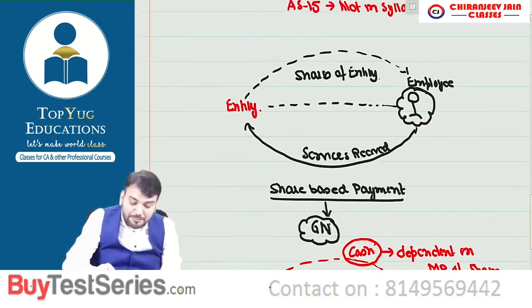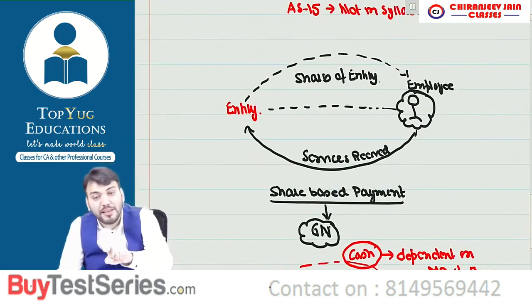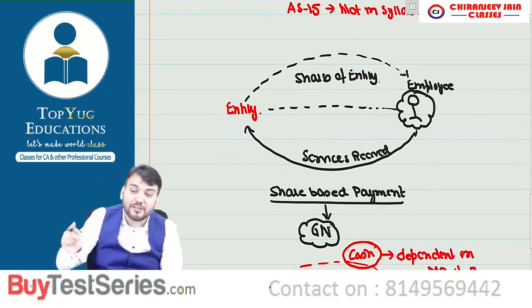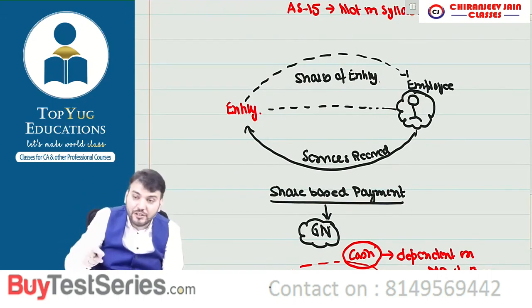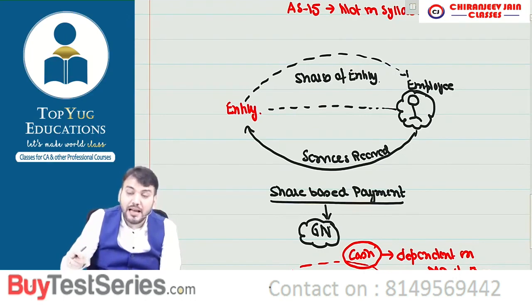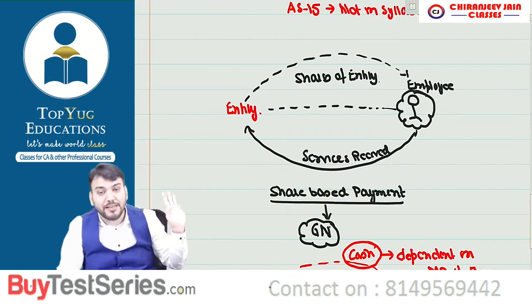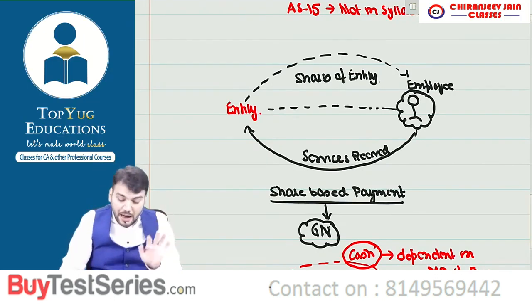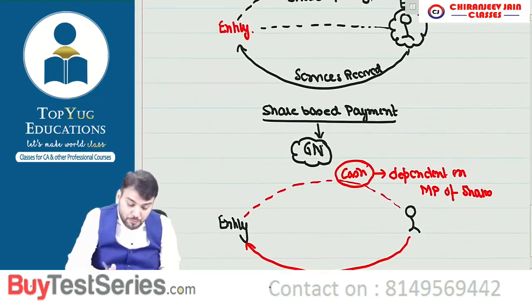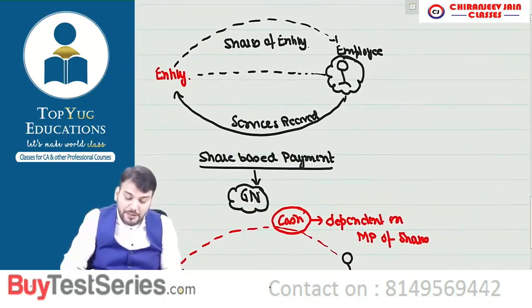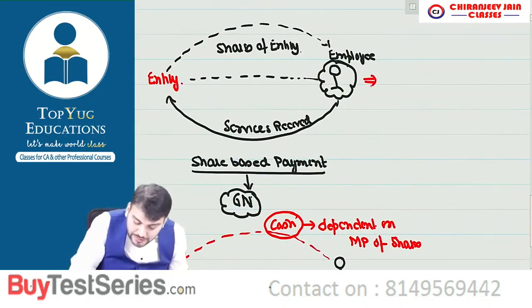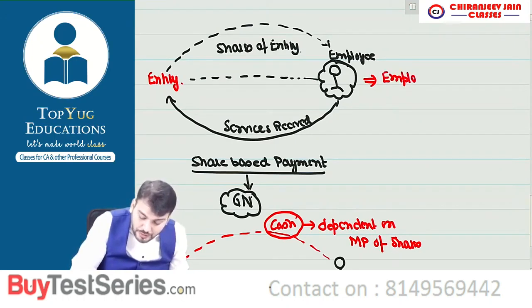Share based payment means where the employee is entitled to receive either equity shares or cash, and that cash is based on the market price of shares. That is employee share based payment. Are you able to understand? So both examples are share based payment. So we call it employee stock option.